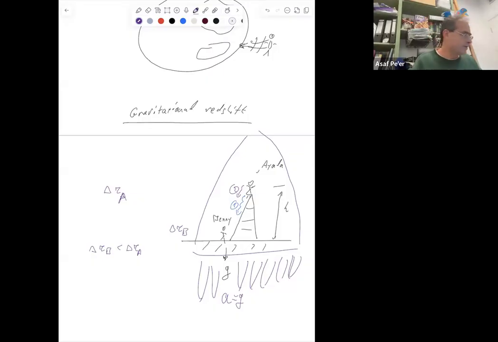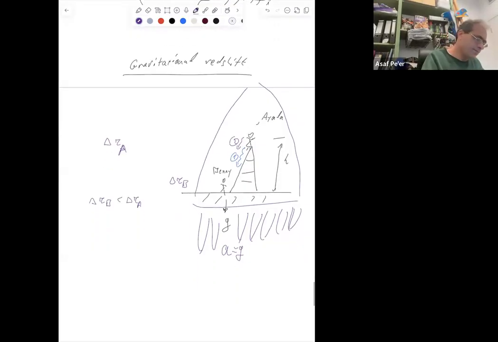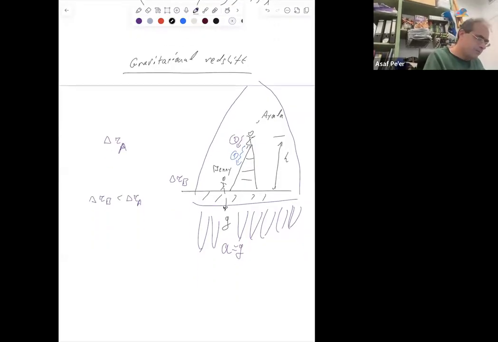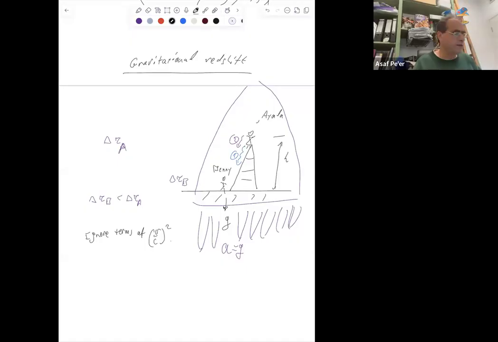Okay. Let's see how it works. We're going to do a first order effect. We're not going to use any second order effects here, only first order. So we're going to throw out terms, ignore terms of v over c squared. We don't care about them right now. So everything is going to be classical Newtonian, and everything is going to be good to gh over c squared. So this would be the z-axis.